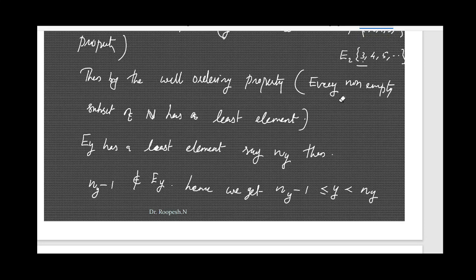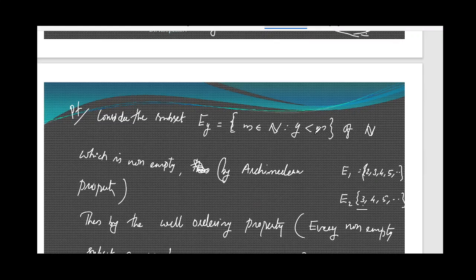Now what did you get? See, for the proof of this, first we have considered the set E_y. E_y is the set of all m such that y is less than m.